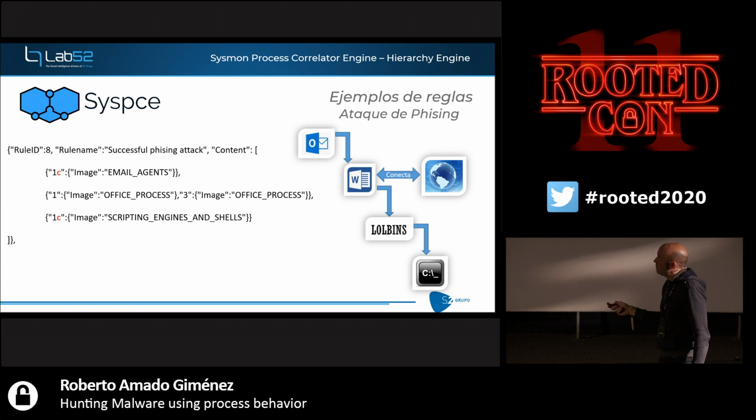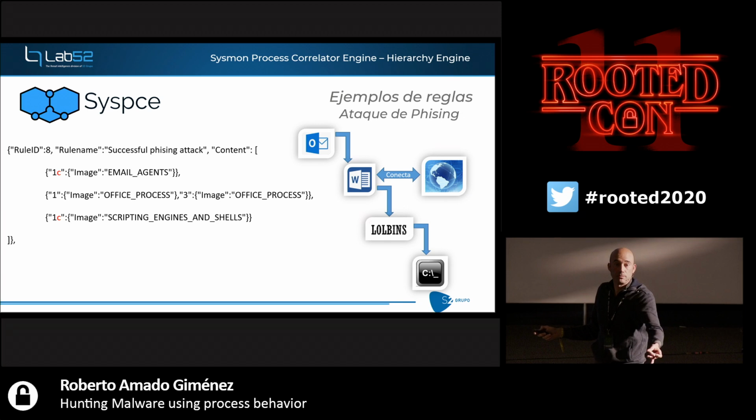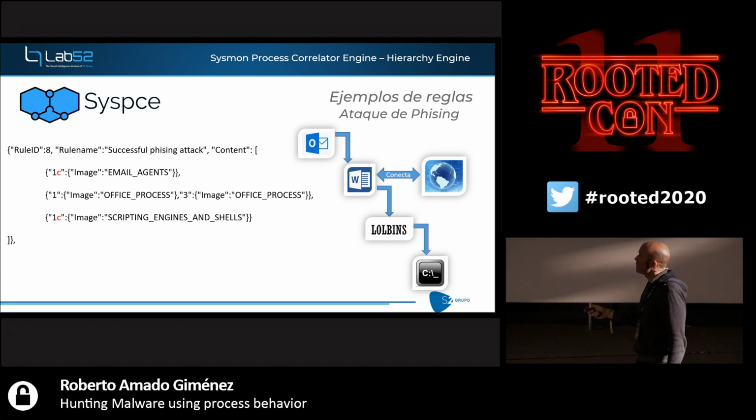Let's see what happens. Each line represents the creation of a process hierarchically. In the hierarchy, the parents. Firstly, it's this type of process. We have Outlook, we have Thunderbird, whatever.